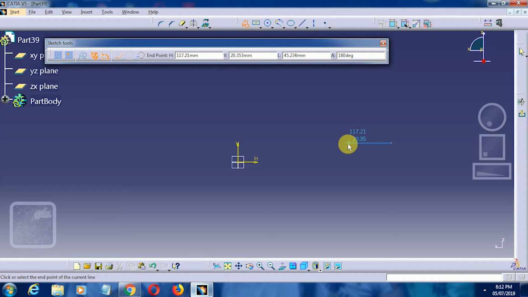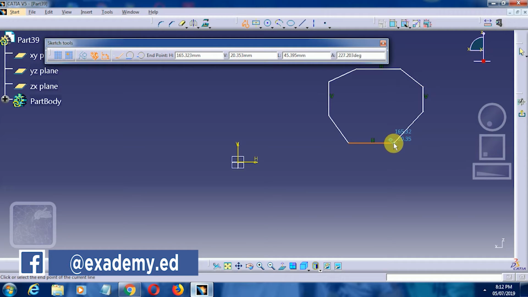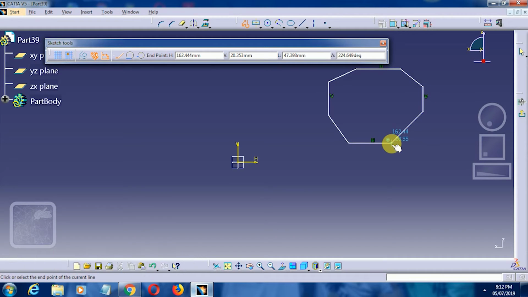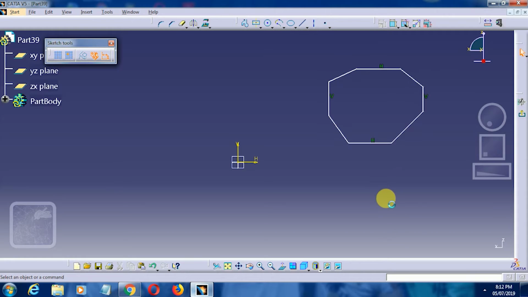The blue line indicates that it is a horizontal line, and the blue line again indicates that it is a vertical line as well. Make sure that the options such as parallelism and perpendicularity don't appear too much.